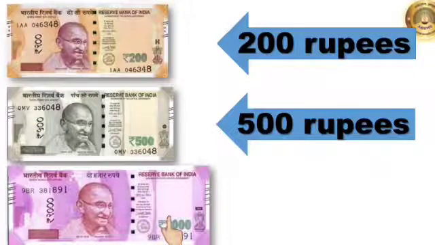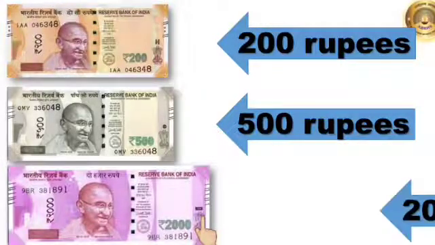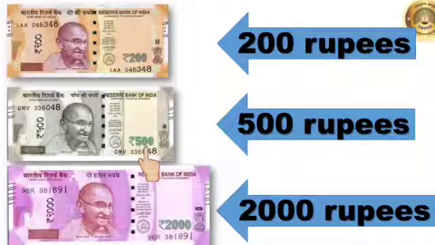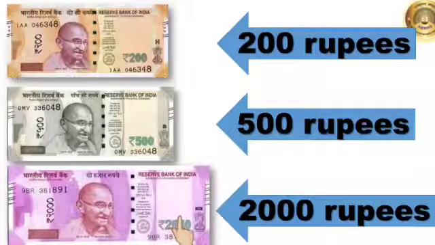And this is the 2000 rupees note, and the value of this note is 2000 rupees. Children, remember, you can see the value of this currency note or coin on the note or on the coin only, with the symbol of Indian rupees.